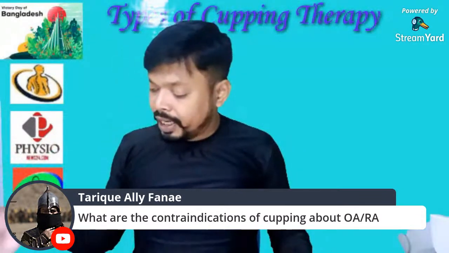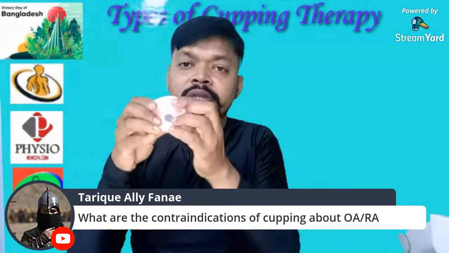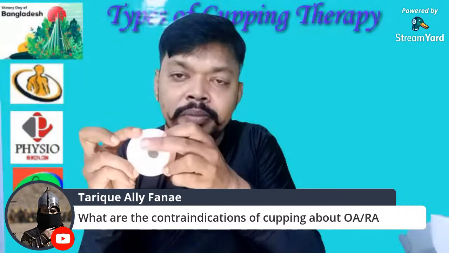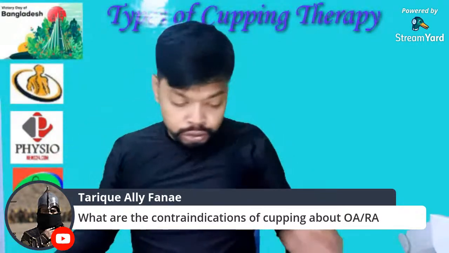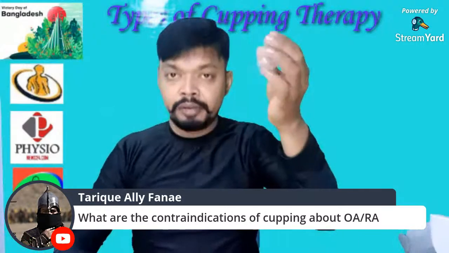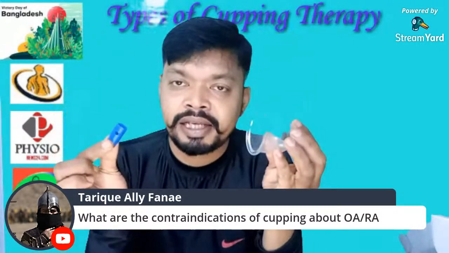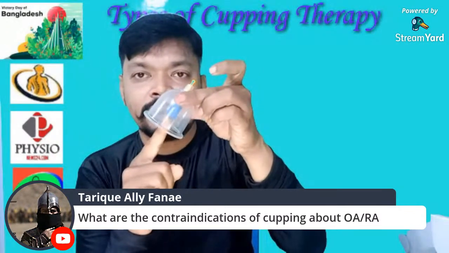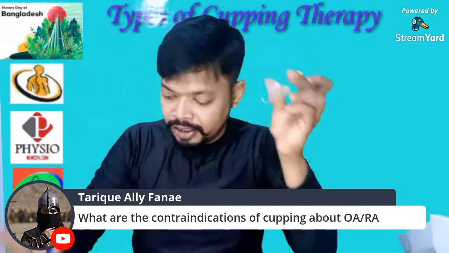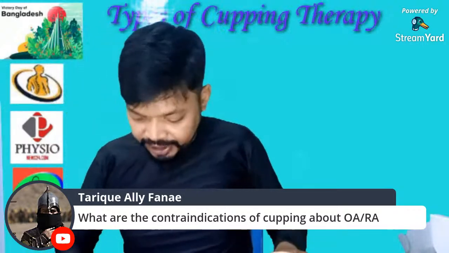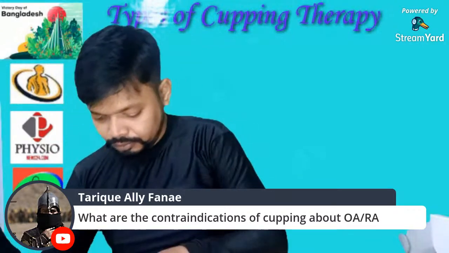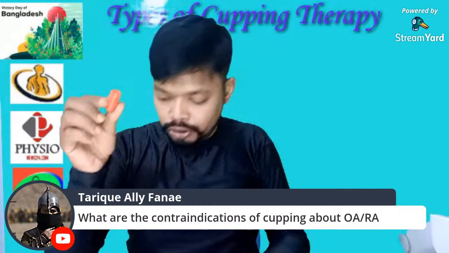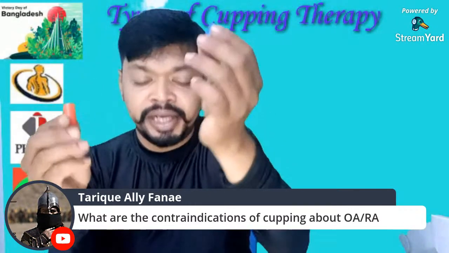And I have already shown you that there is a magnet inside, or you can also apply some other magnetic materials inside the cup. This one is green, and another option is red.